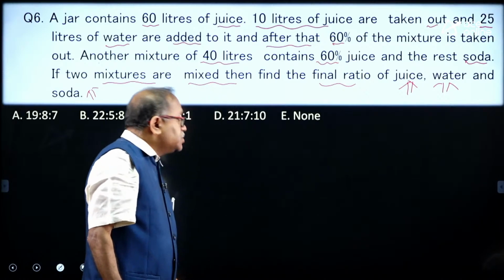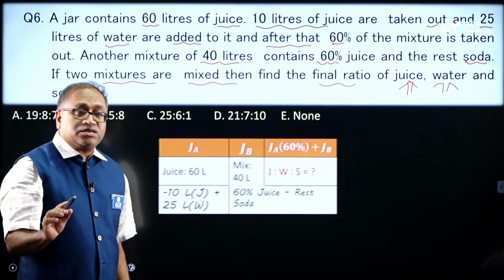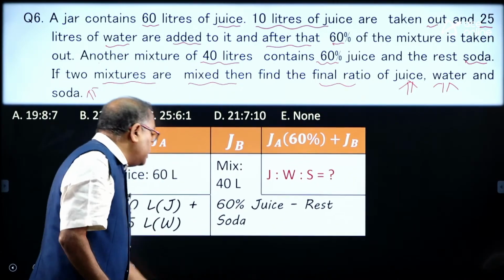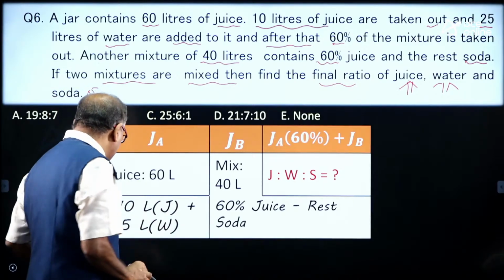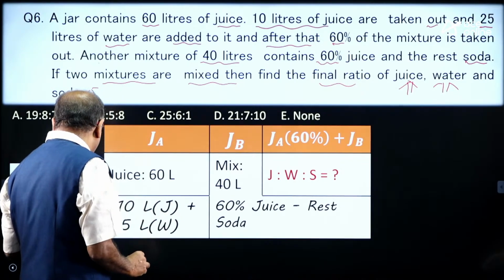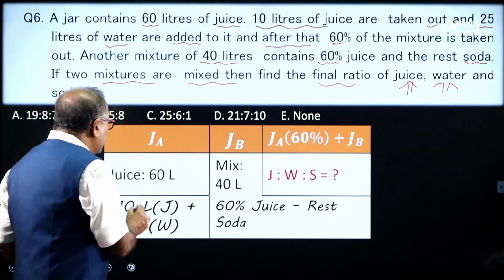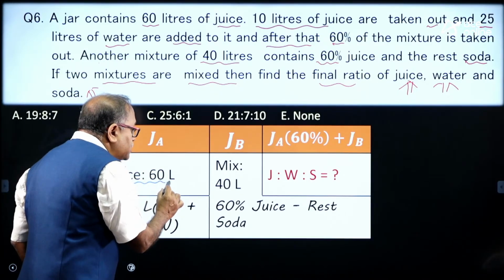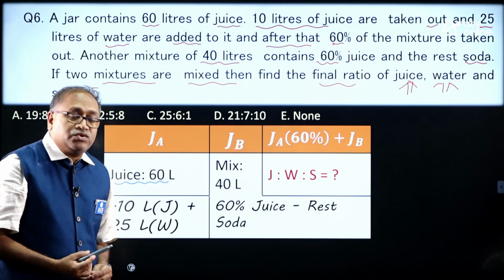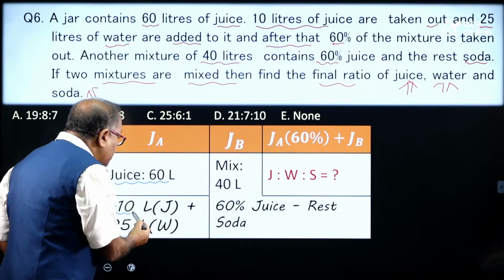Let me show you what the question detail is. Look at this one. In short, if I look at this part, it shows that 60 liters of juice is there. What happened with the juice? So 10 liters is taken out.